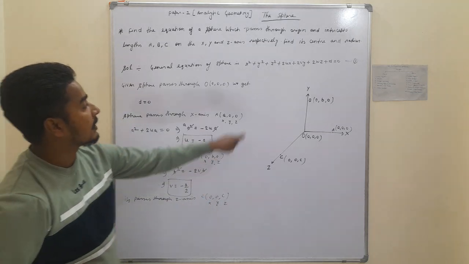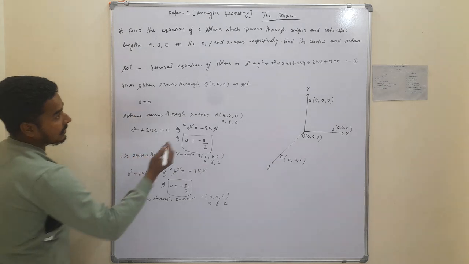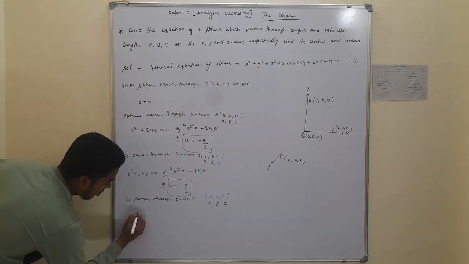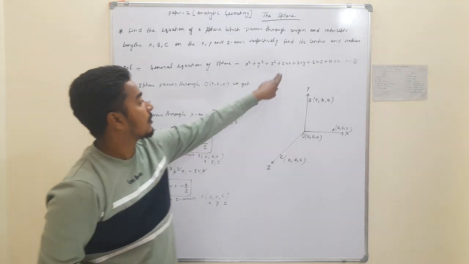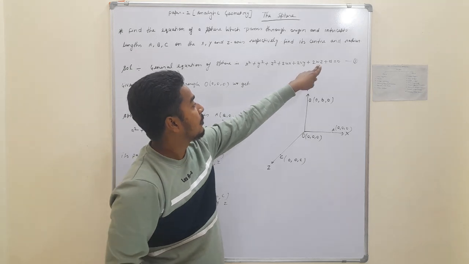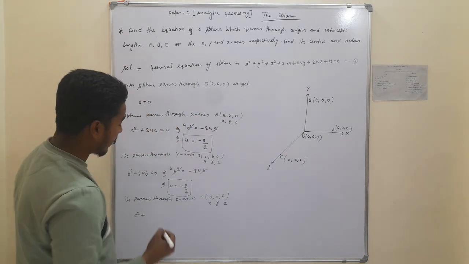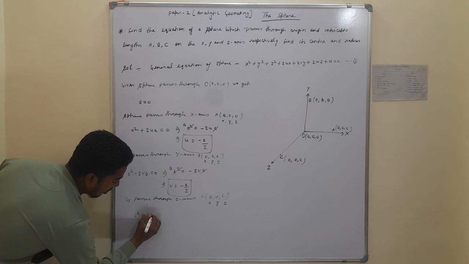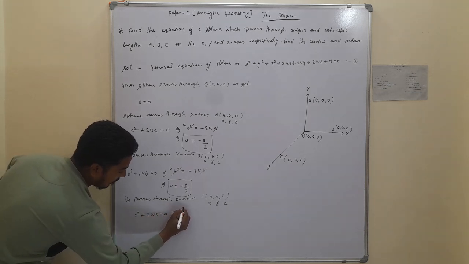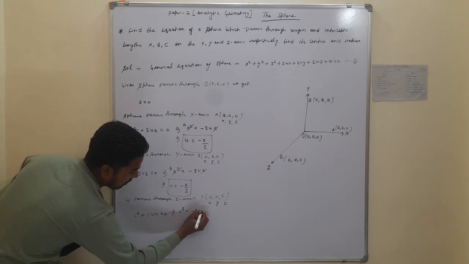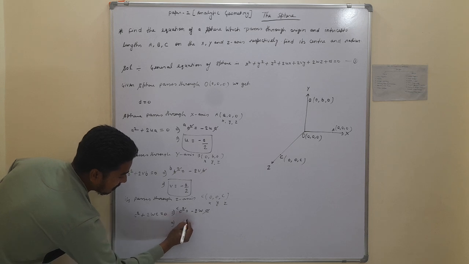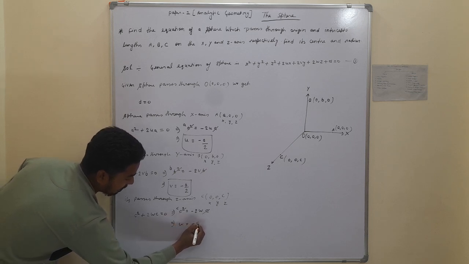Putting this in the given sphere, we get c square plus 2ux is 0, 2vy is 0, and 2wz with z as c gives plus 2wc is equal to 0. From here c square is equal to minus 2wc, and cancelling c, we get w is equal to minus c by 2.